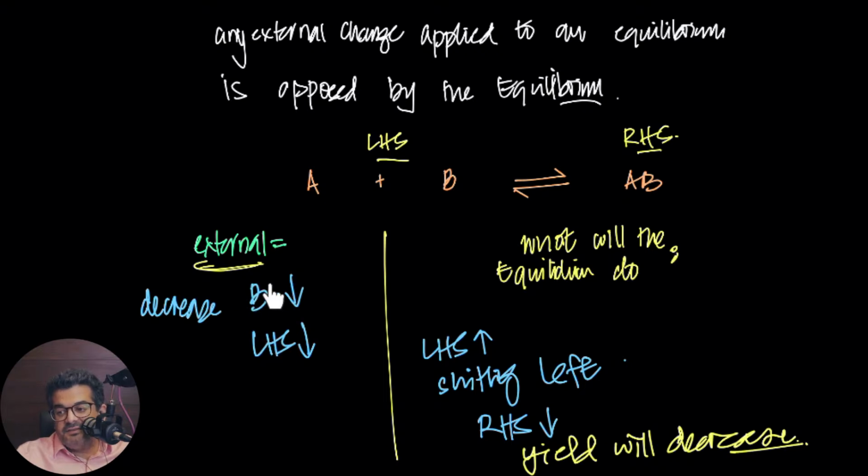And the equilibrium will want to oppose that and do the opposite, by increasing it. Now how can it increase one side? It can only increase one side by moving to it. It can decrease one side by taking it and making it something else. But if it wants to increase the left hand side, it has to take the AB and make it A and B, meaning go left. And if it goes left, then you're decreasing the right hand side, or decreasing yield.